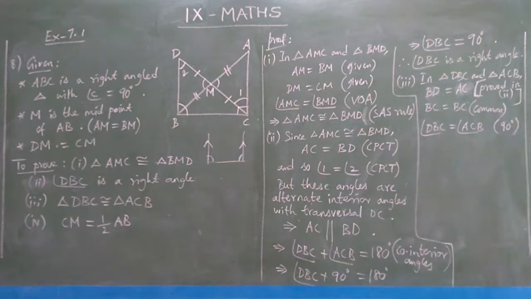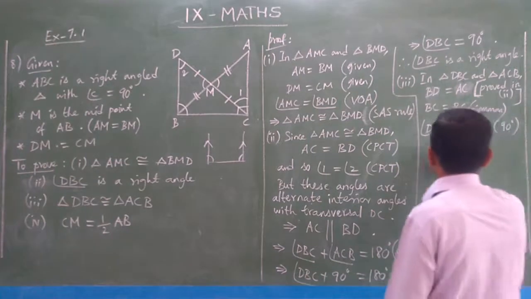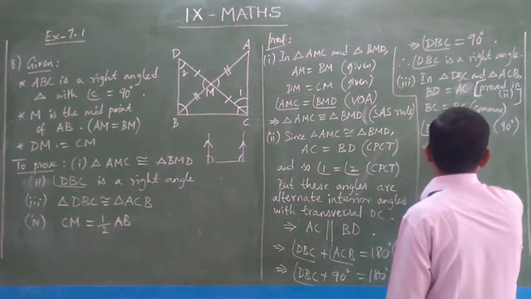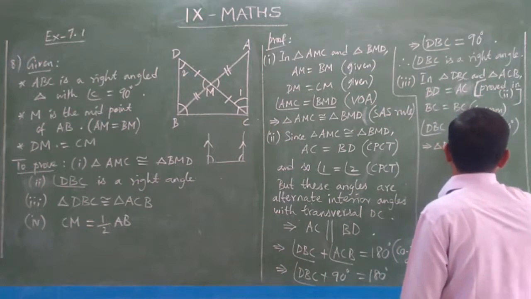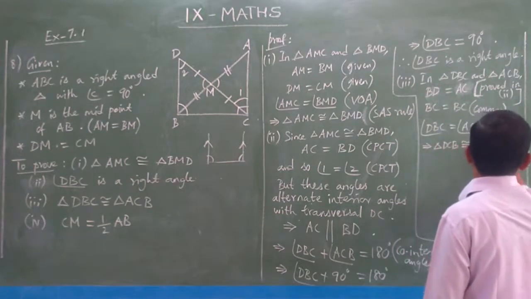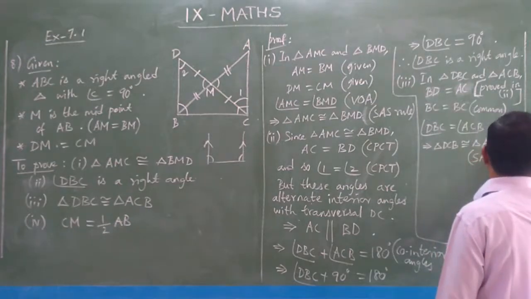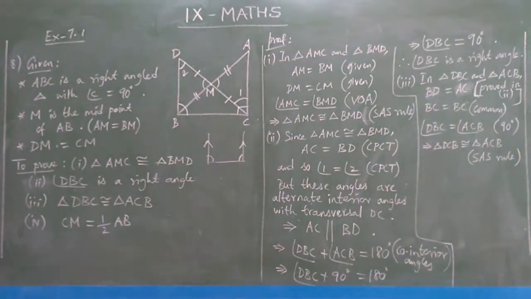So two pairs of sides and the included angle are equal, SAS. So this implies triangle DCB is congruent to triangle ACB. Reason: SAS rule.